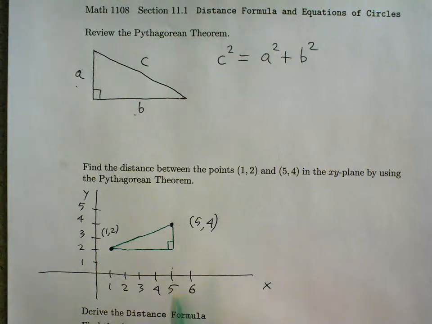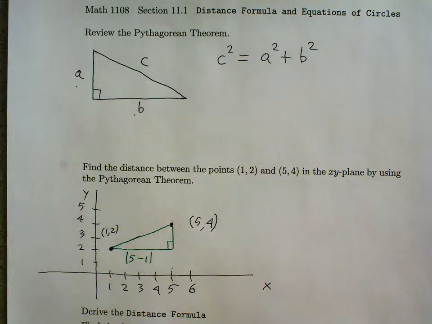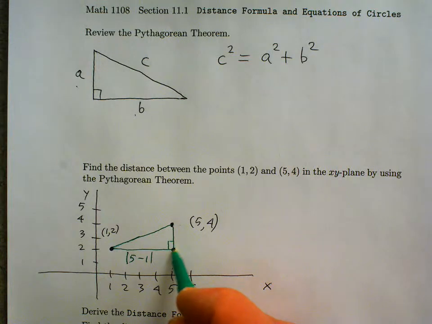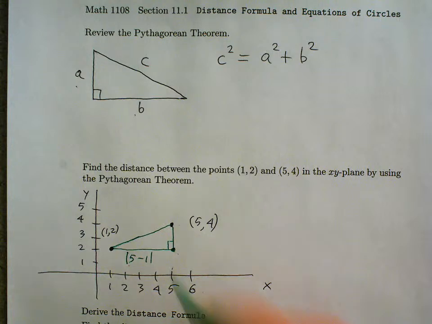Or you can think of it as, it might seem strange at this point, but think of this as the absolute value of 5 minus 1, where 5 is the x-coordinate of the vertex of the right triangle, and 1 is the x-coordinate of this point. But the absolute value of 5 minus 1 is 4.